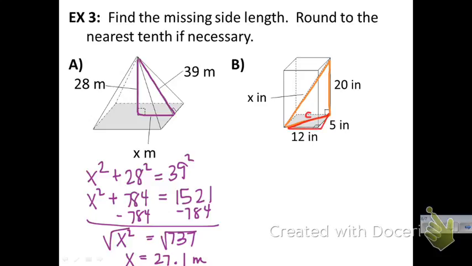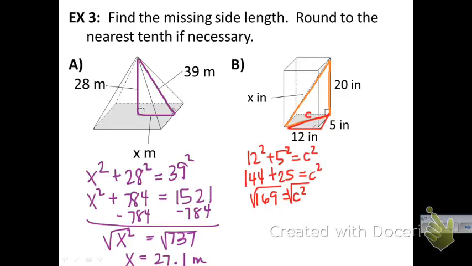We'll call it C. So to find that, we take 12 squared plus 5 squared equals C squared. 12 squared is 144. 5 squared is 25. We're going to add those together to get 169. And then we're going to do the opposite of squaring, which is taking the square root. And we get 13.